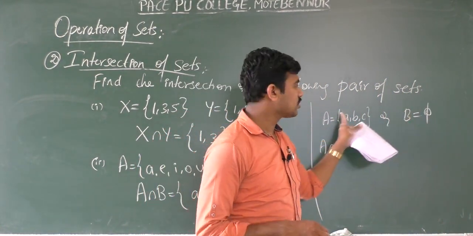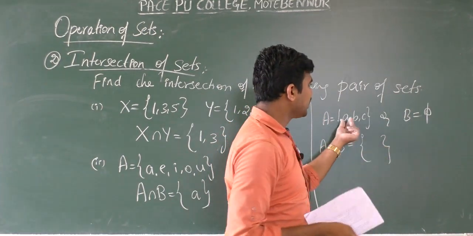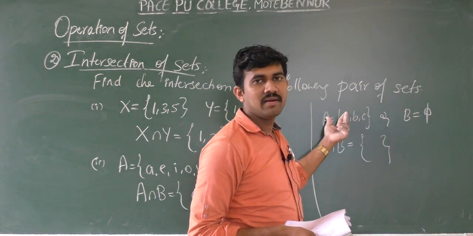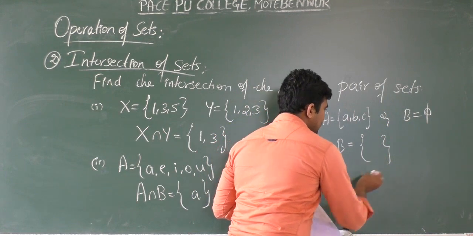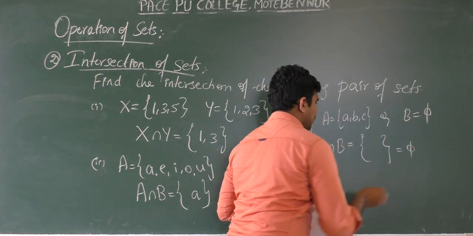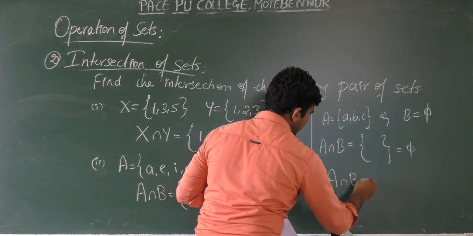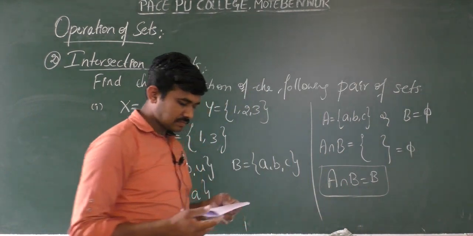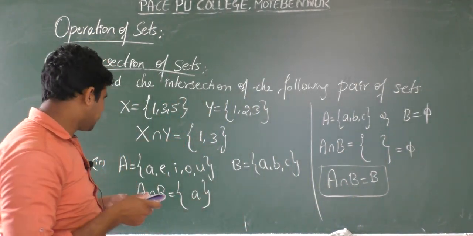No. So there is no common element, because a, b and c are only in A. So it is the null set, phi. Or we can say A intersection B is equal to B here. We get the smallest set.